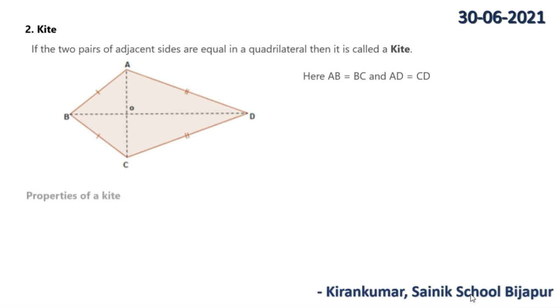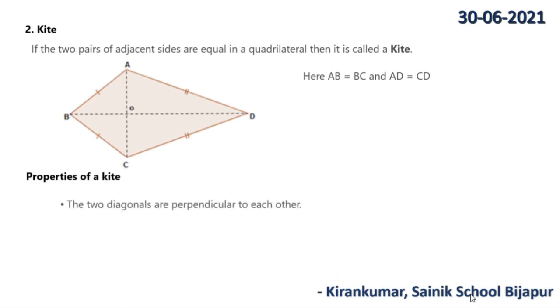There are a few properties related to the kite. The two diagonals are perpendicular to each other, which means angle AOD will be 90 degrees. One of the diagonals bisects the other one. Here, the diagonal BD bisects the diagonal AC.